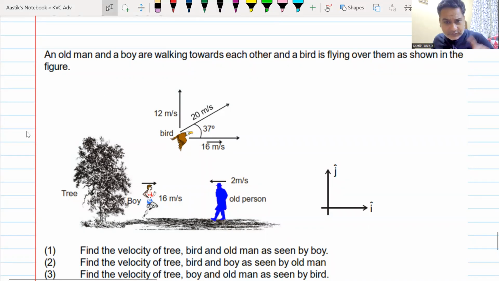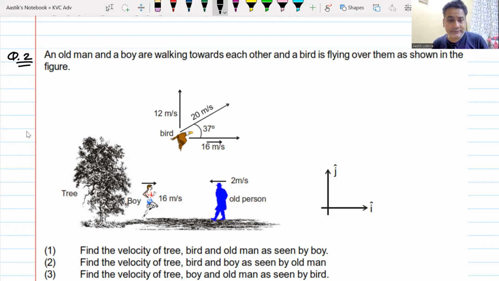Do you have the module with you? I think it would be example number 12 in relative motion. Anyways, you have the module or not, you don't have to write the question as such. You just solve the question as it is.